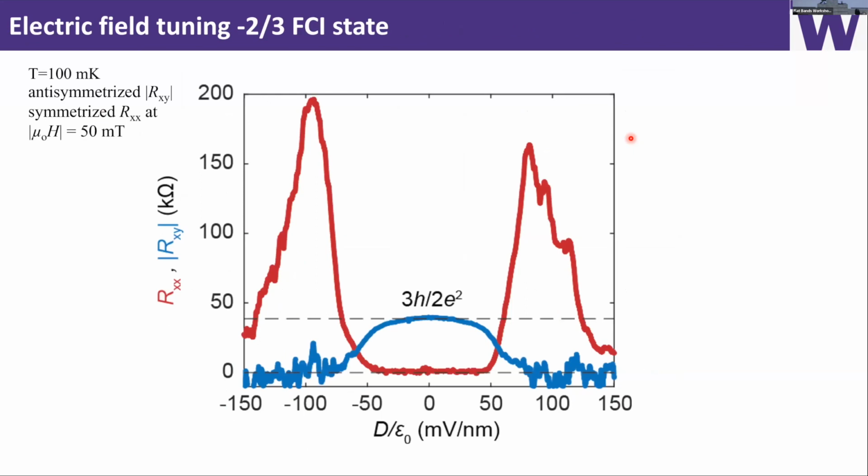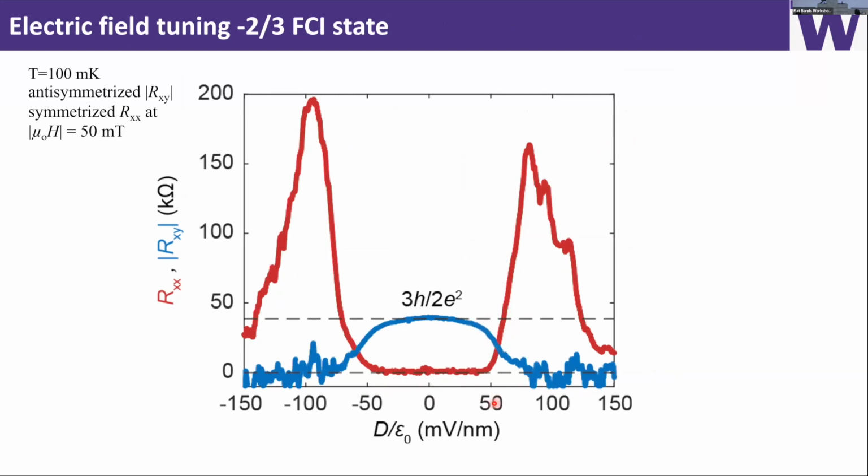An advantage of the system, as I already showed you, is that we can use the electric field to tune these phase transitions from the quantum anomalous Hall effect into a topologically trivial phase. Again, the red curve is RXX, the blue is RXY, and the horizontal axis is electric field. You can see that as we tune the electric field, for example, above about 20 millivolt per nanometer, RXY already starts to drop.